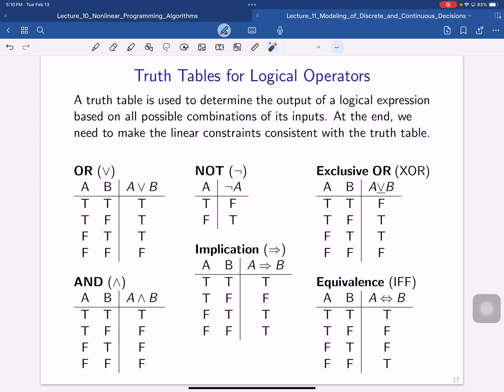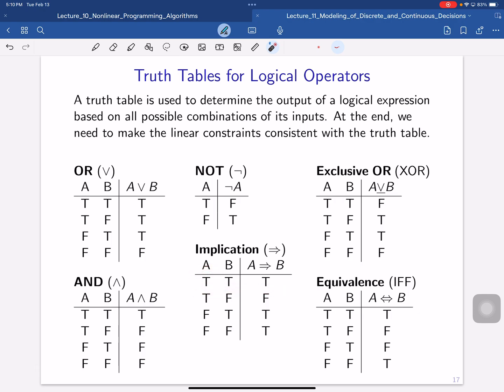So maybe let's talk a little bit about implication. This should be very straightforward, right? When you talk about the implication operator, it says when A is true, then B has to be true. So when A is true and B is true, then A implies B is true.